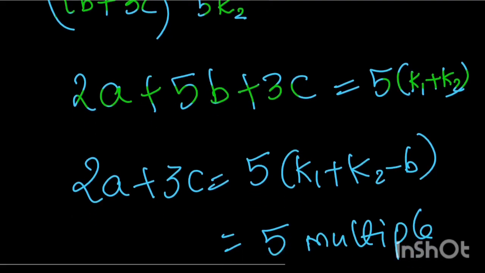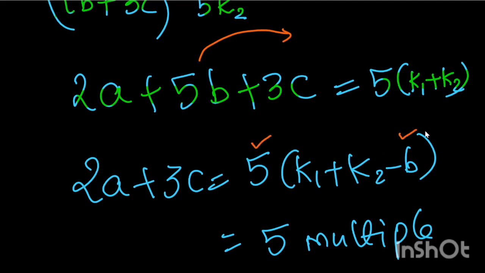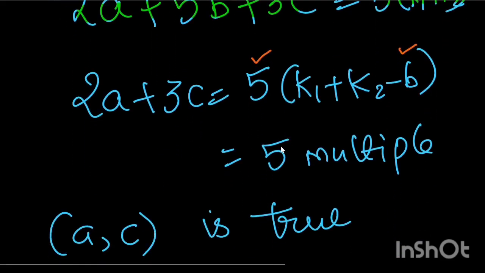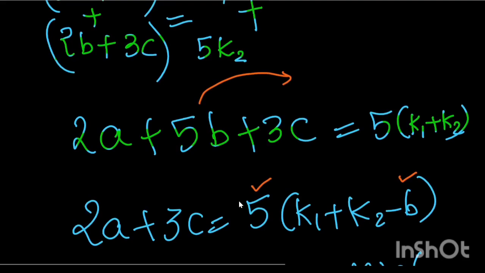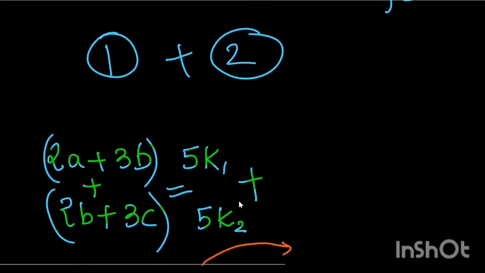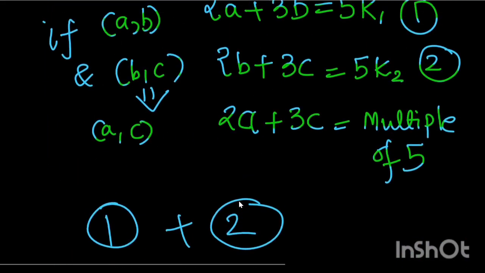Now taking this term, 5b on the right hand side, 5 we will take common, so we are left with minus b here. So it's a multiple of 5, we have proved that.